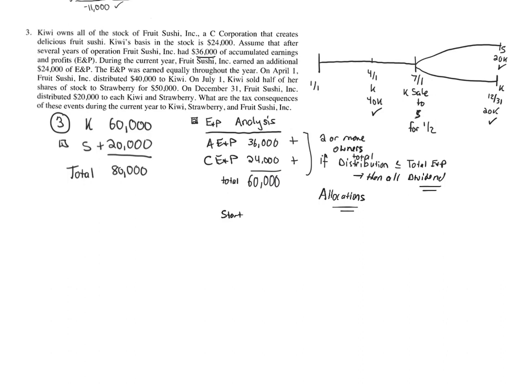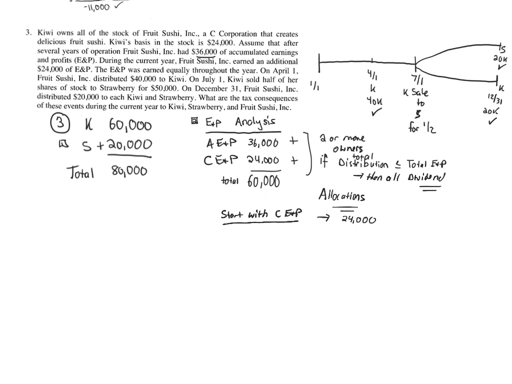Start with current E&P first. We start by allocating current E&P first. It's always where we start. So we have current E&P of 24,000. We need to allocate that over kiwi and strawberry.